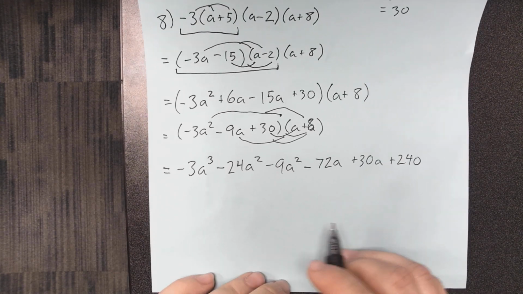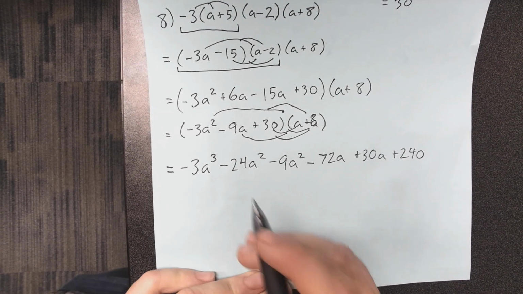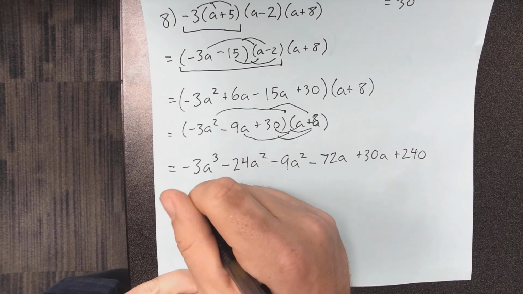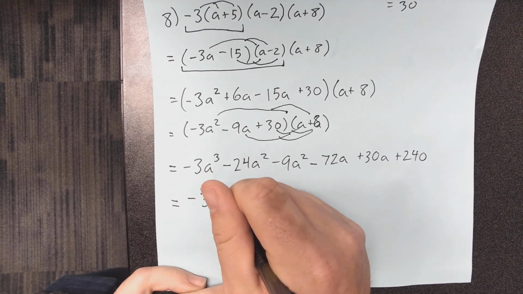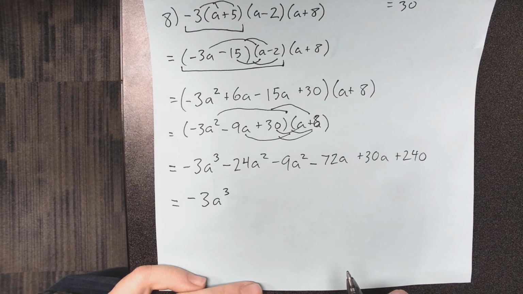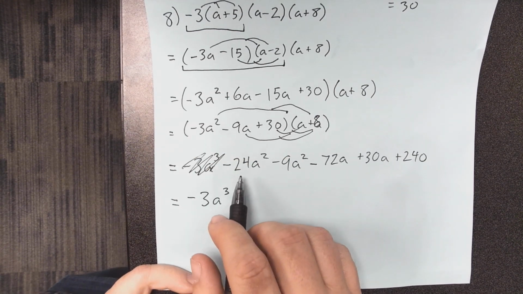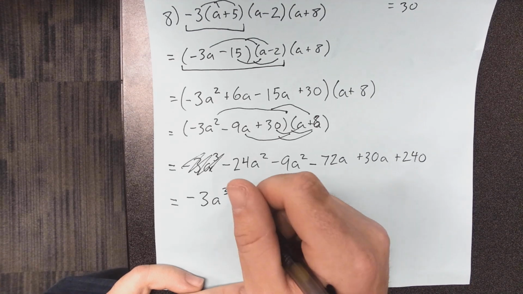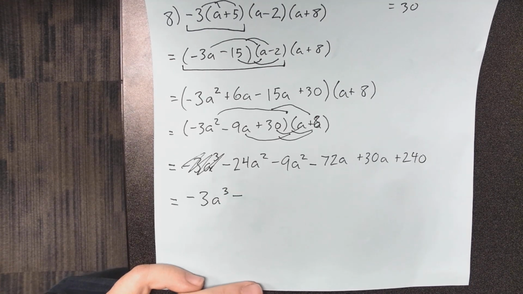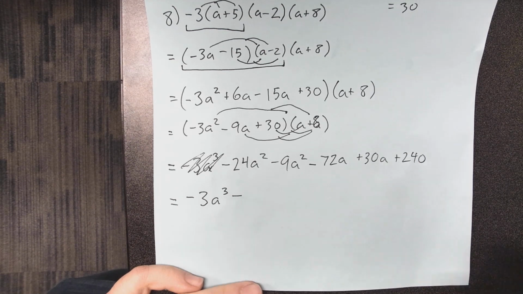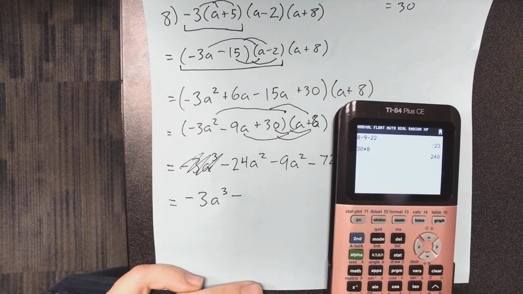All right, so let's combine like terms. There's no other a cubes to combine this with. I got minus 24a squared and minus 9a squared. Those will combine to, if you're not sure, use the calculator.